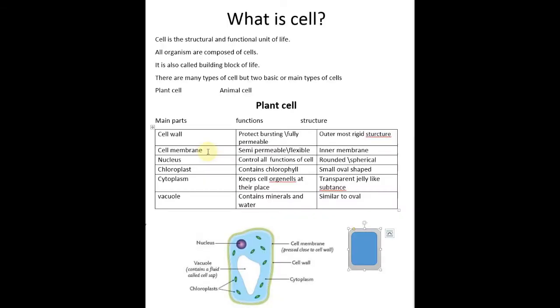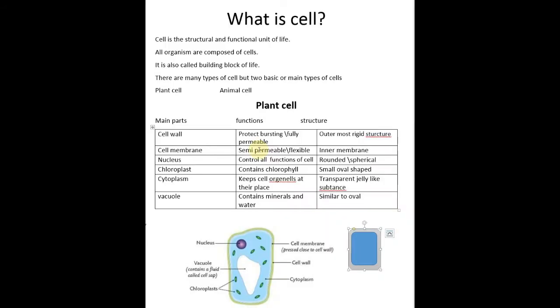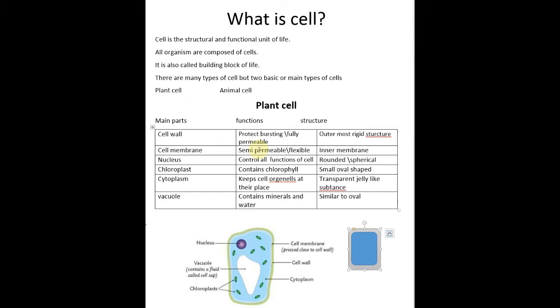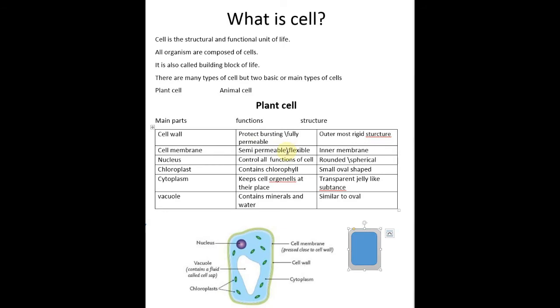Second one is cell membrane. When we see cell membrane, the function is it is semi-permeable. Semi-permeable means it only allows some certain substances to pass through. For example, if you are putting water and salt in a solution and then adding cell to it, only water will pass through it. It will not allow salt to come inside the cell.